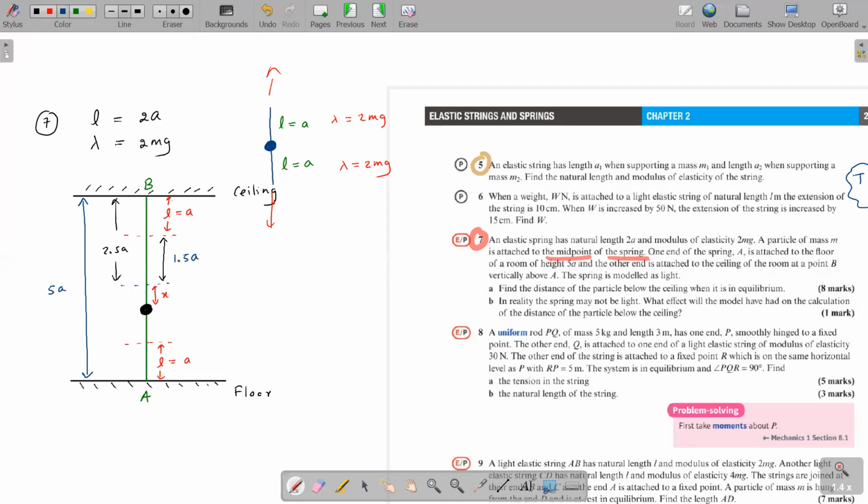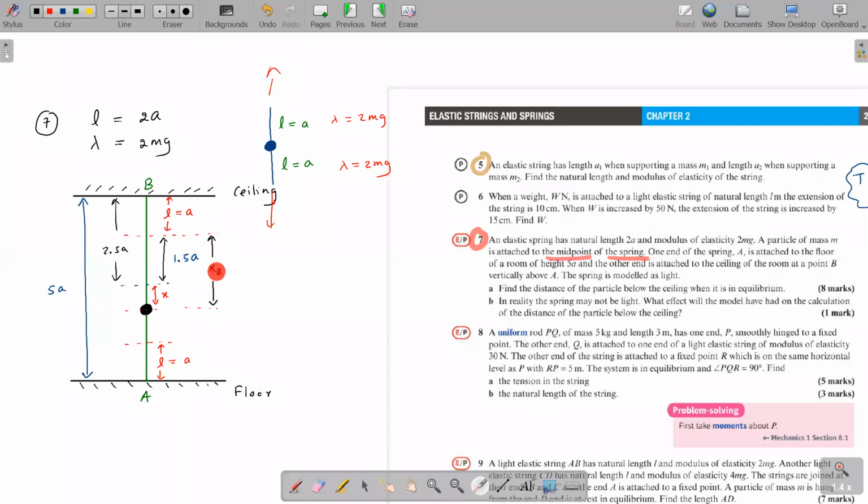See if this makes sense to you. You can actually work with x1, x2 if you prefer. Let me mark x1, or let's say xb. xb is the extension of spring B. Are you with me?